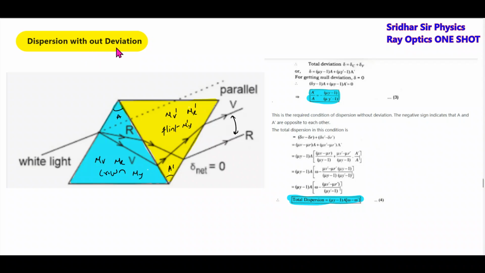Next we have the dispersion without deviation. A white light is incident and will undergo dispersion. Again the flint glass will spread the light. So the emergent beam will get the violet light, will get the spectrum.